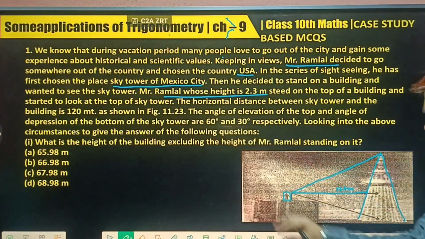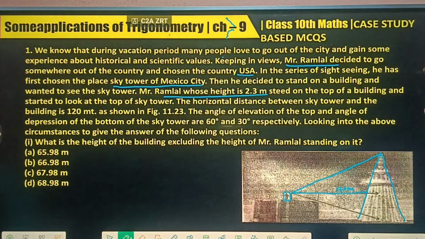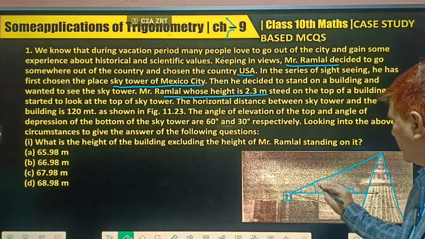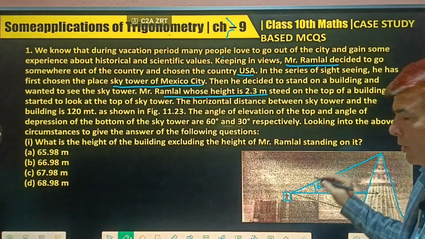As shown in figure 11.23 in your NCERT book, the angle of elevation of the top and the angle of depression of the bottom of the Sky Tower are 60 and 30 degrees. This angle is 60 degrees when looking at the top.